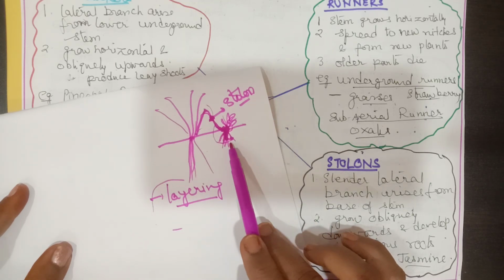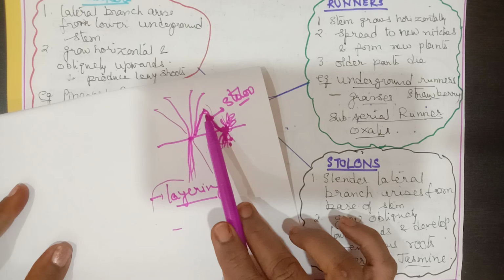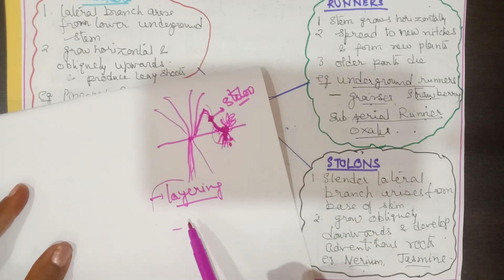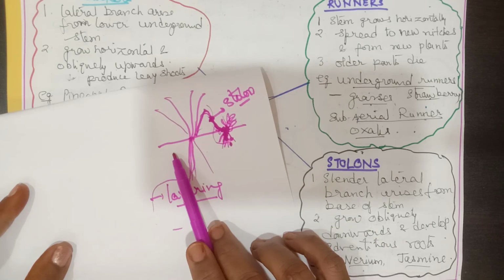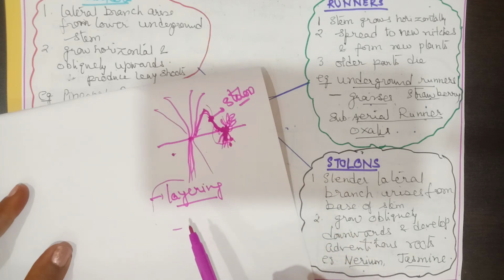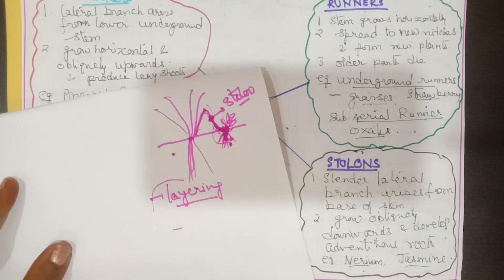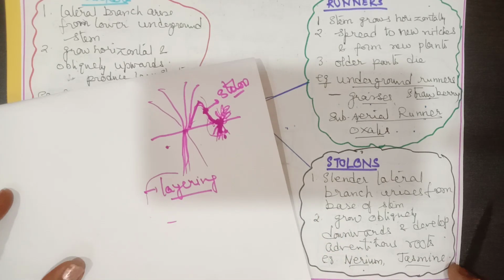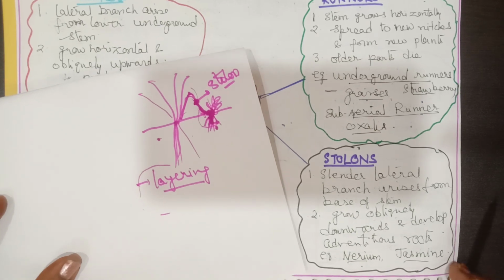Once it starts developing adventitious roots, this bent part will be cut off from the main plant. So here the stolon principle is used. Examples we have seen already, Mirabilis and Jasmine.